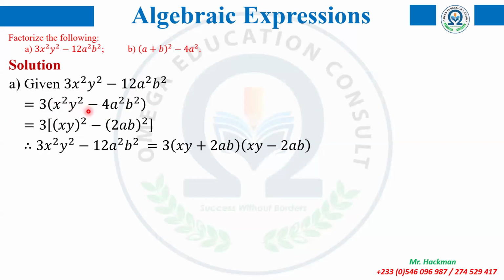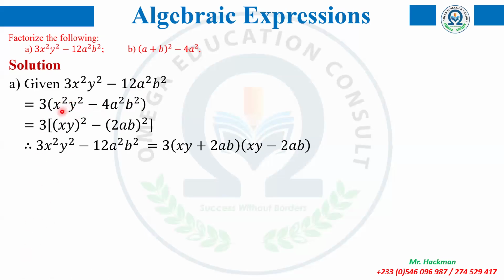This tells me that I can use factorization by difference of two squares to deal with this. For the difference of two squares, I have to make sure that the terms are explicit, that is, I have a particular value squared and another value squared.